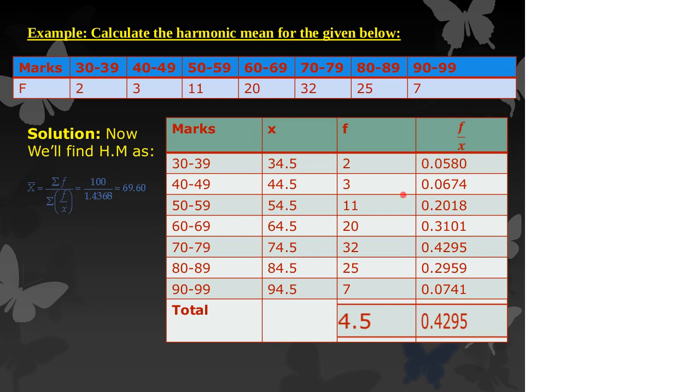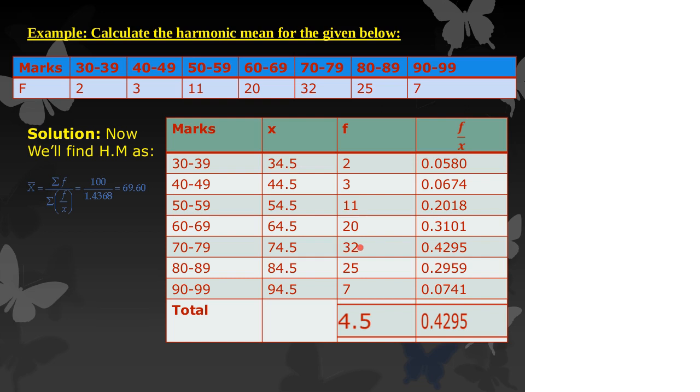Because I'm saying we have the cumulative frequency. We add another column, we call it cumulative frequency. Initially we had a frequency of 0 above 2, so 0 plus 2 gives us 2. Then 2 plus 3 gives us 5. Then 5 plus 11 gives us 16. Then 16 plus 20 gives us 36.